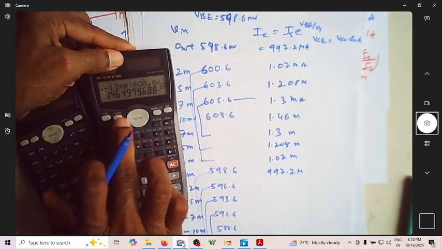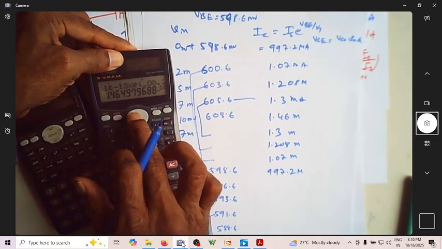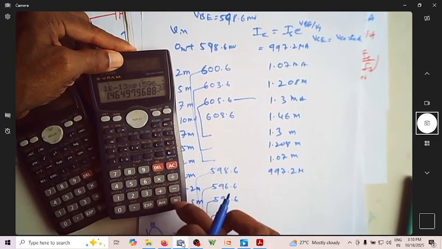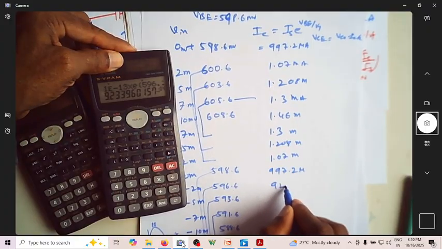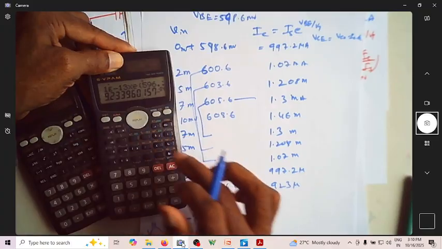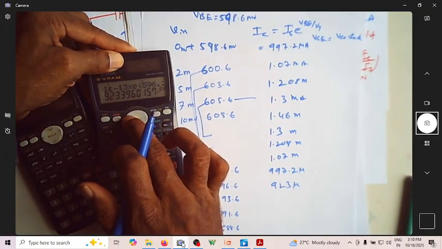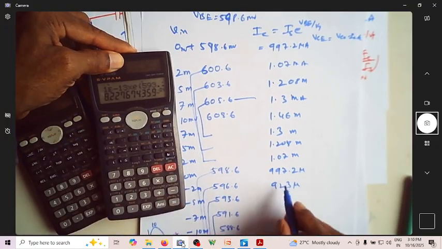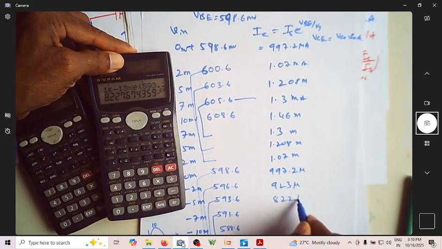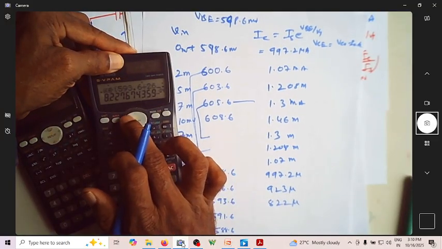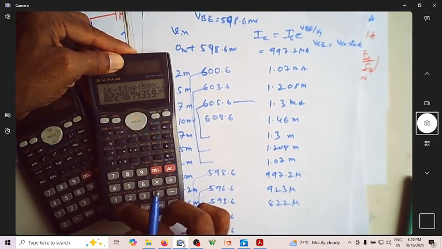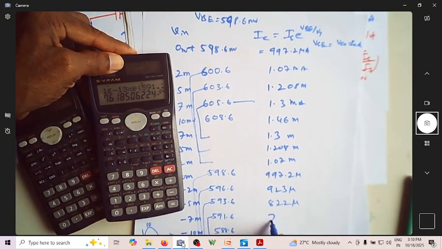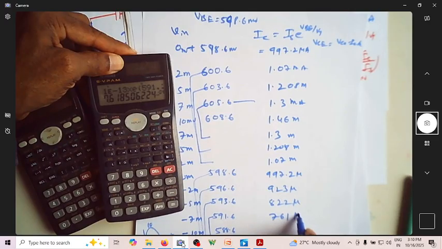And then 596. It is 923 micro. Then it is 593, it is 822 micro. Then it is 591, which is 761 micro.